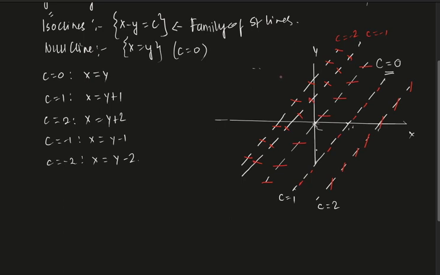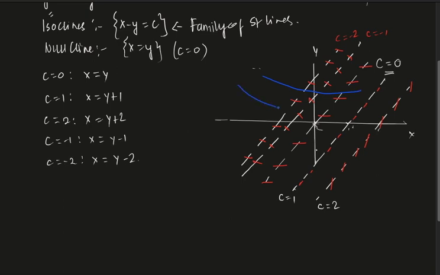So let me draw the integral curve. Now let me draw the integral curve. The integral curves in green, blue, let's say. See, it is coming like this. Here the slope is c equals minus 1, and when it passes through this, the slope becomes c equals 0. And similarly here also.